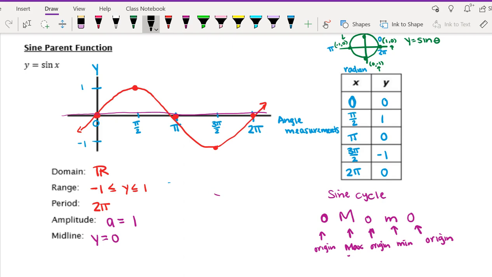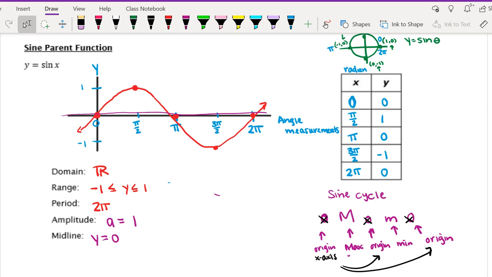Maybe I should say x-axis. So we go x, x, x. It starts at the origin, and then it's the x-axis. Okay, for these ones as well. Okay, so we'll talk about that a little bit more because I'm going to refer to that a lot.